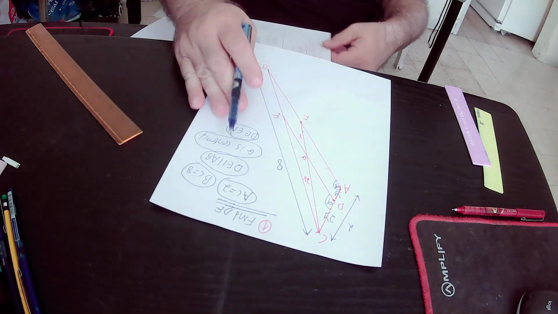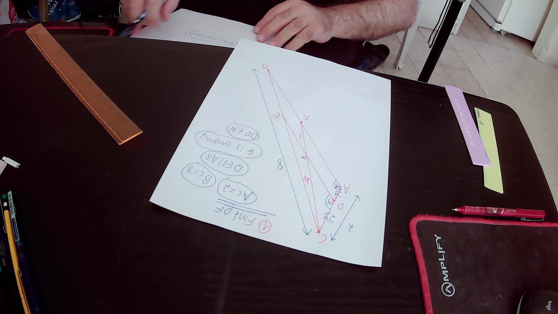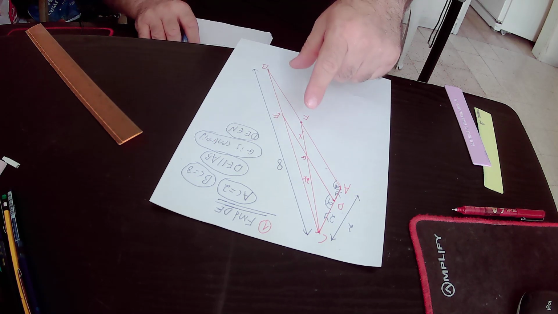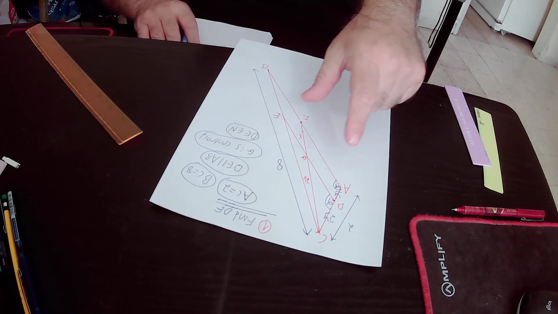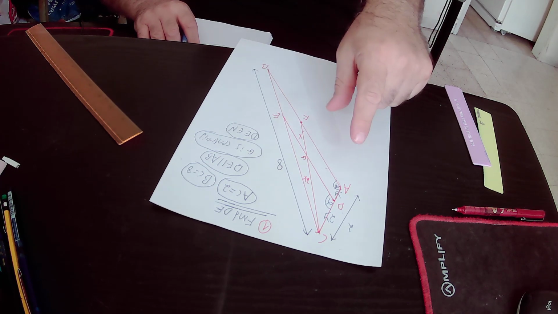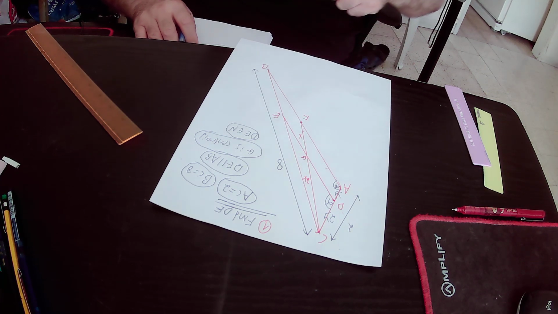And for the same reason, we have another pair of corresponding angles that are located between parallel lines, DE and AB. Therefore, they will be equal to each other.